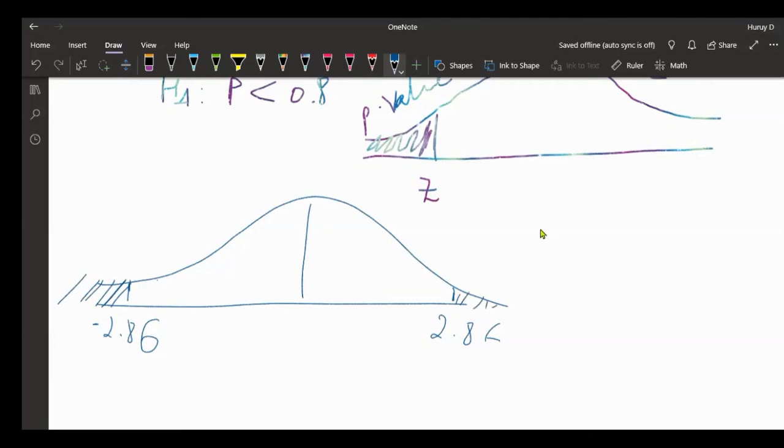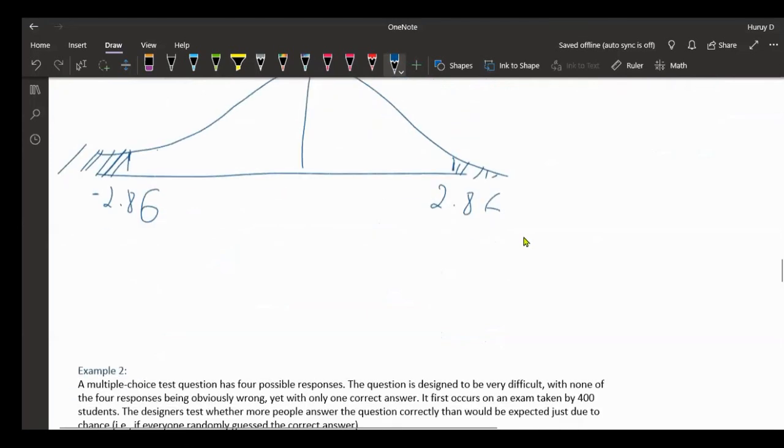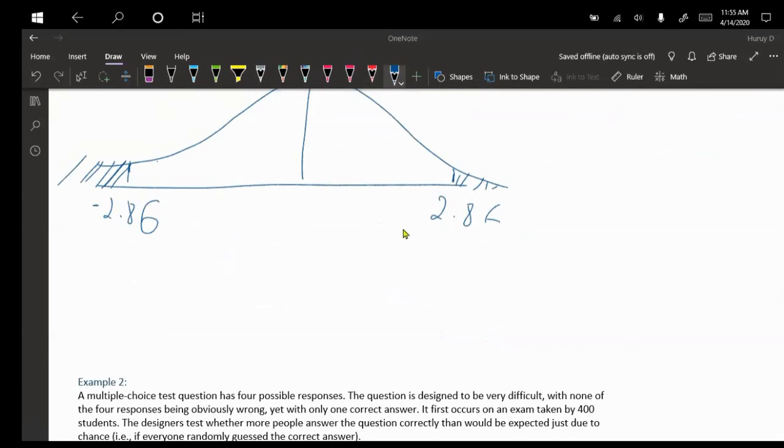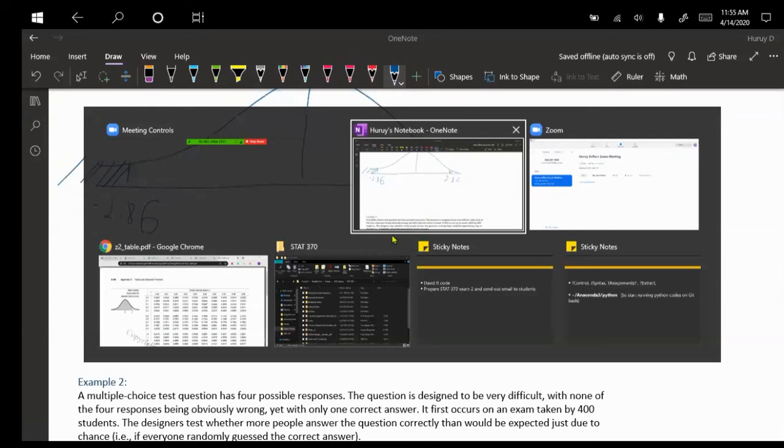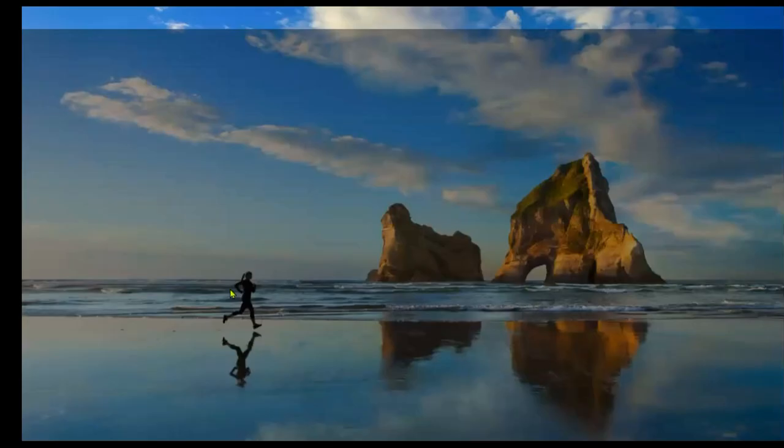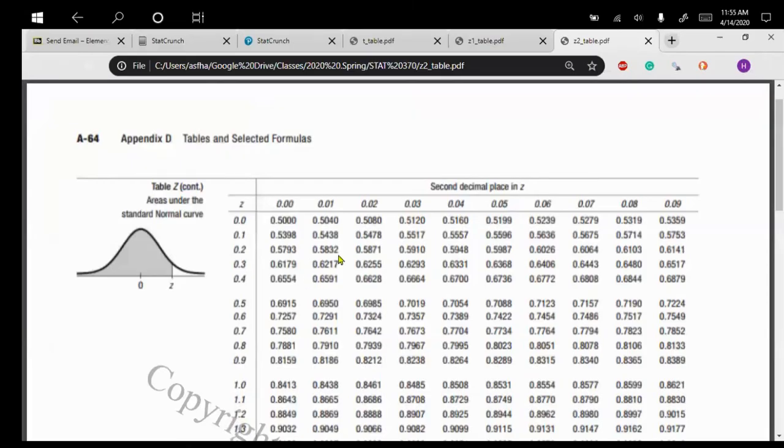So to find this one, either you can use the Z table or you can use StatCrunch.